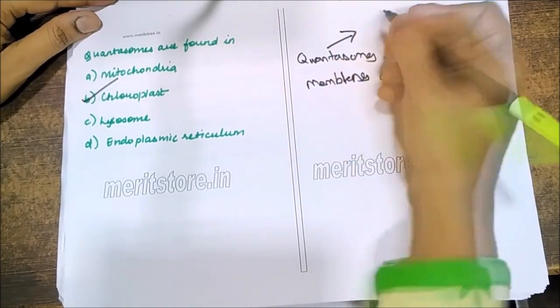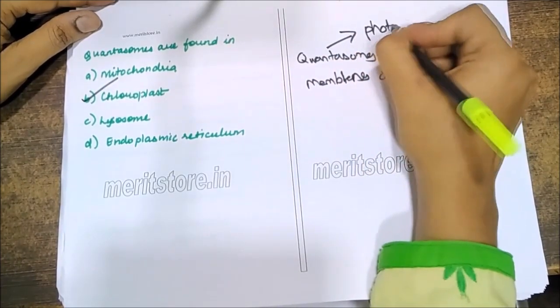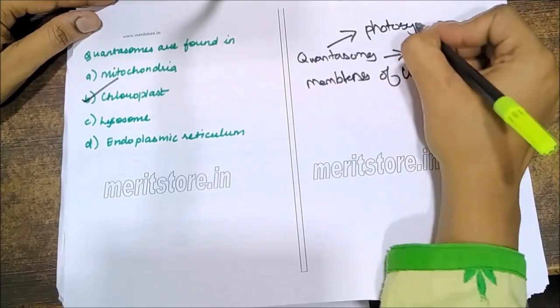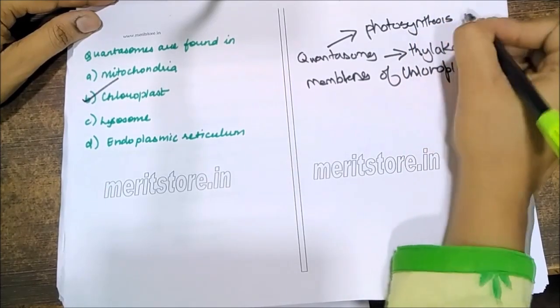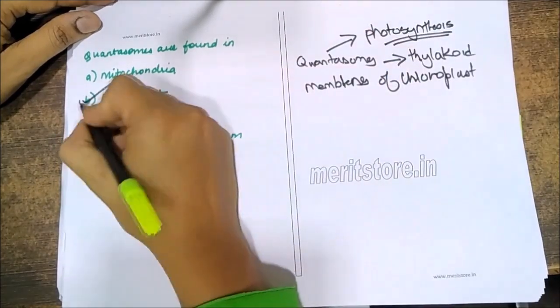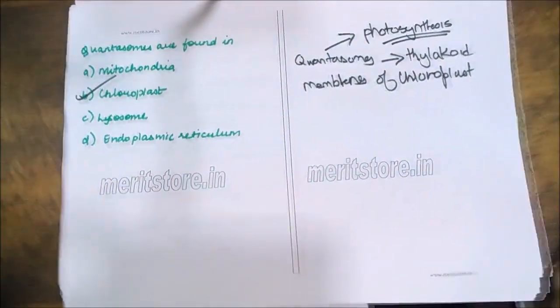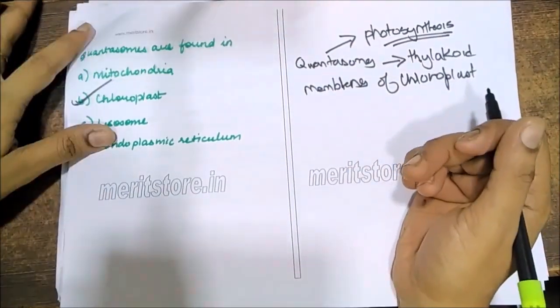And it is actually here where photosynthesis is carried out. So the correct option is B, chloroplast. Let's proceed with the next question.